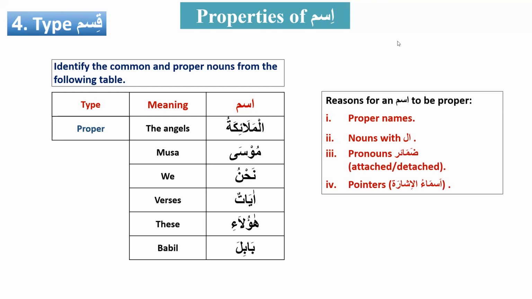Assalamu alaikum. Walaikum salam. Next word, say it. Musa. Okay, tell me what it is. It's a proper name. So, is it a proper or common noun? Proper noun. All right. Good.